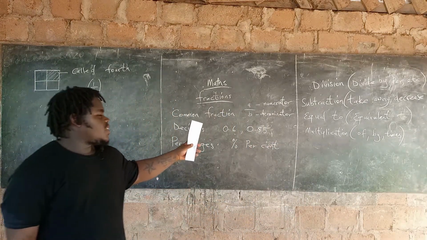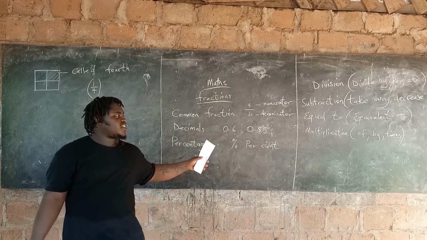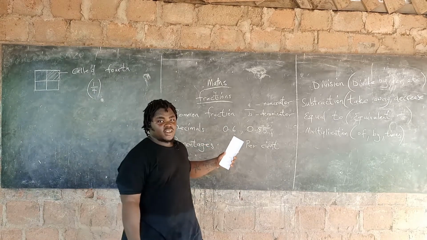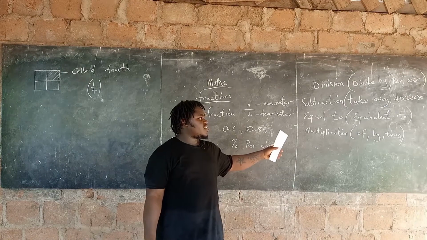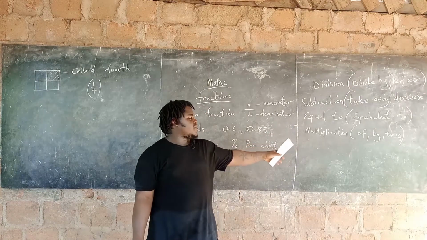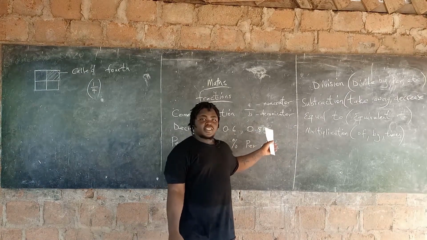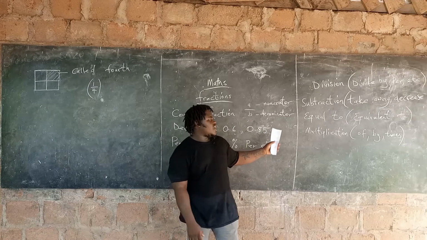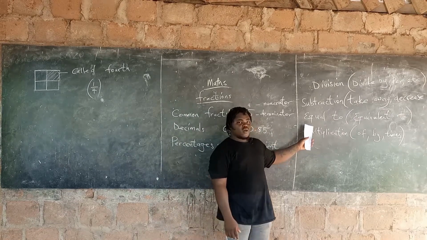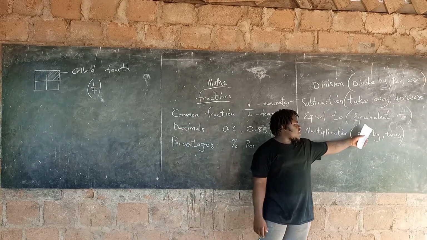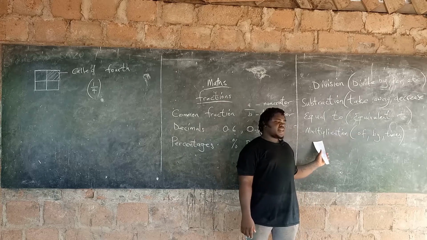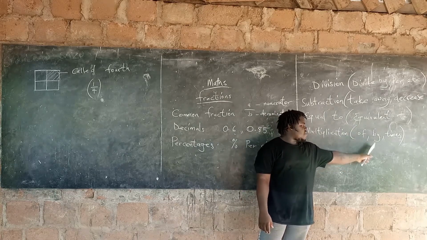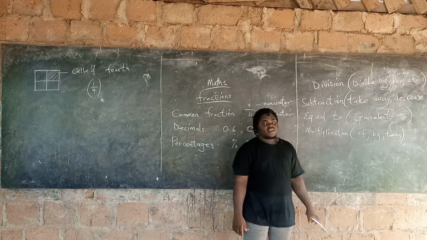And also for subtraction, you can hear the word or the phrase take away or decrease by. All it means is subtraction. And then with equal to, we have equivalent to, and with multiplication we have of, by, and times.